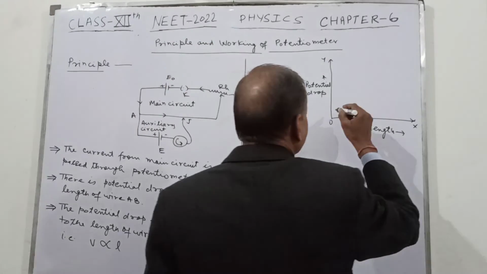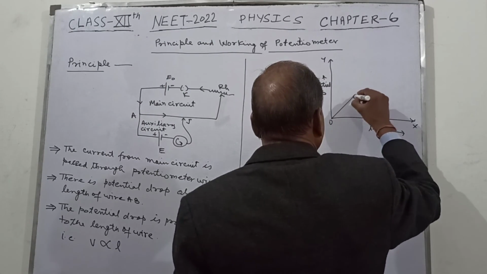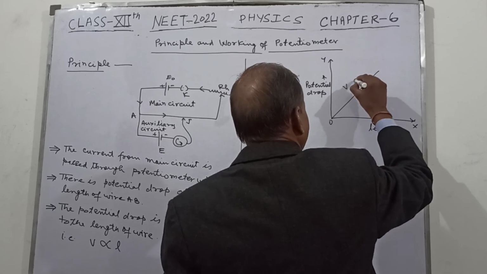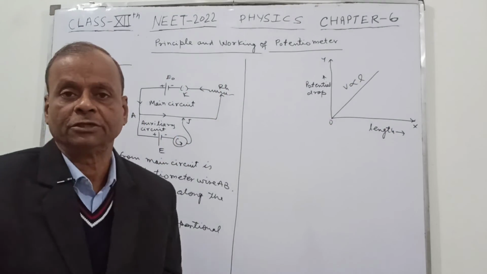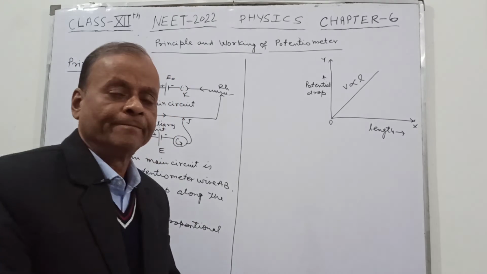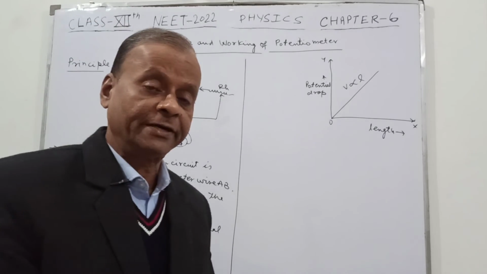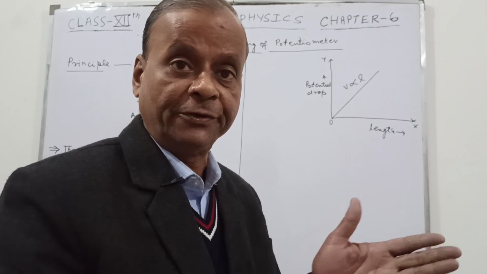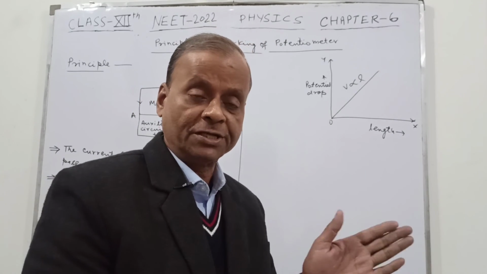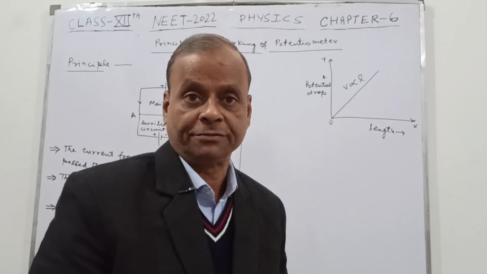Then what we have? This is a straight line, that V is proportional to L. So larger the length, larger the potential drop. So as we go from point A to point B on the wire, the potential drop increases.